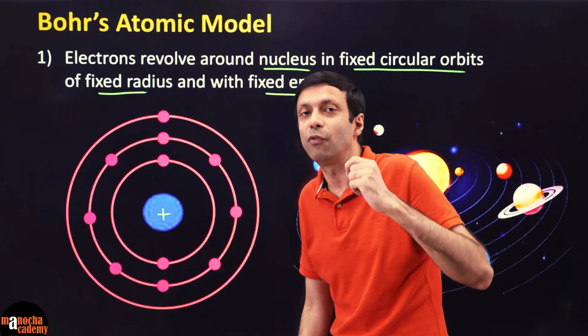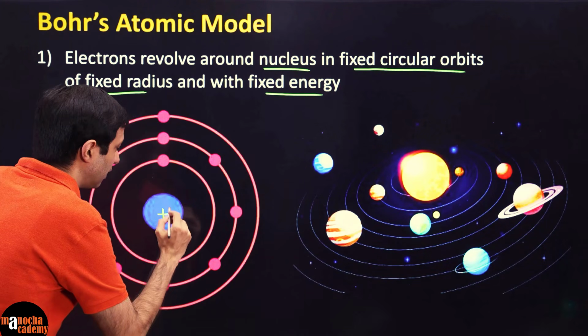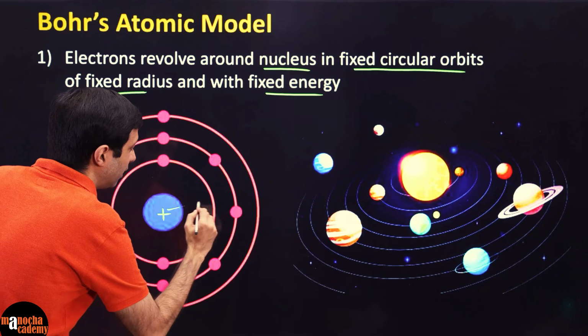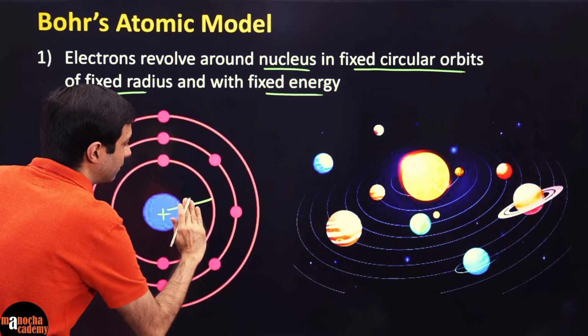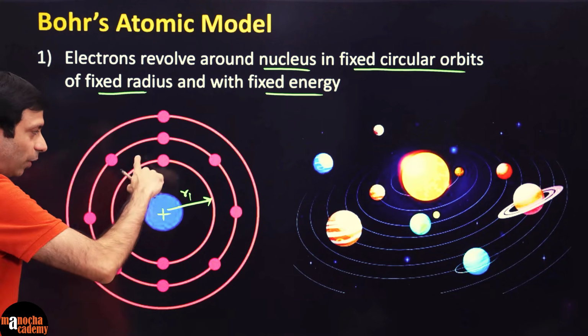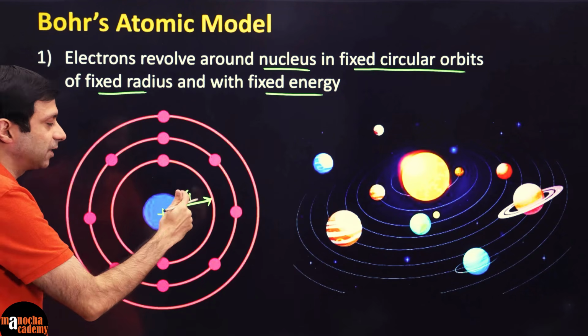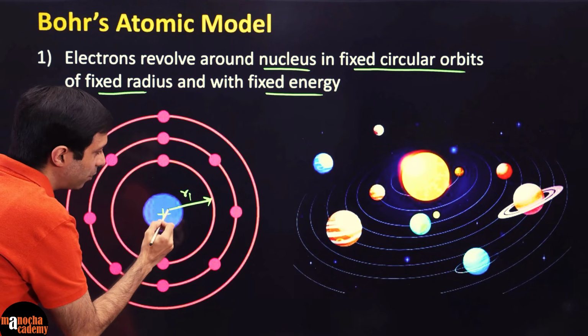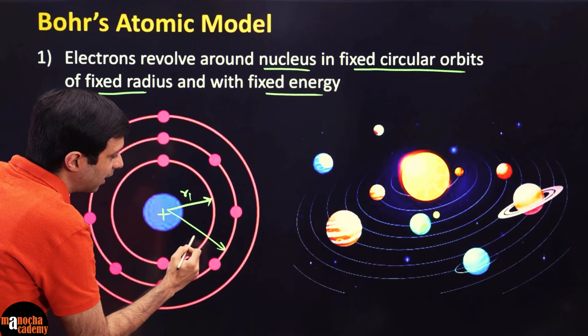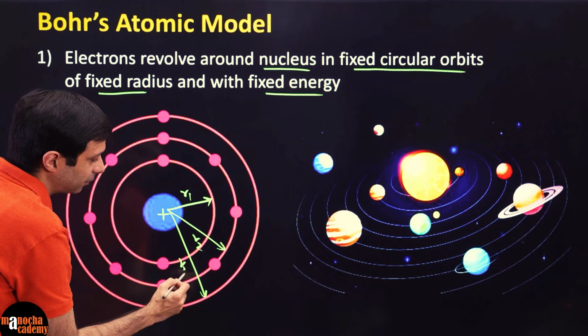It has to revolve in orbits having fixed radius. That means this radius, we can call it R1, is fixed. So the electron must be here, right? If it wants to go to a higher radius, it cannot go in the middle. It must go to the next radius, which is, let's say, at R2. Similarly, this one is at R3.